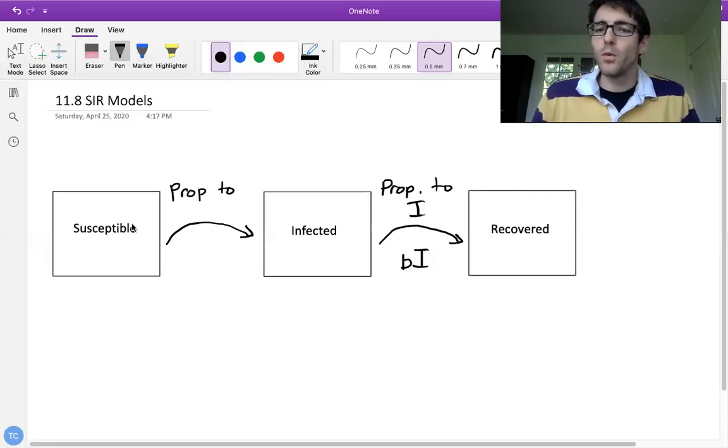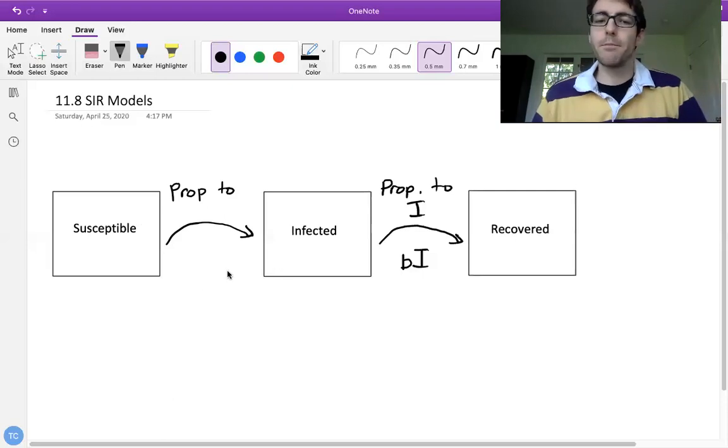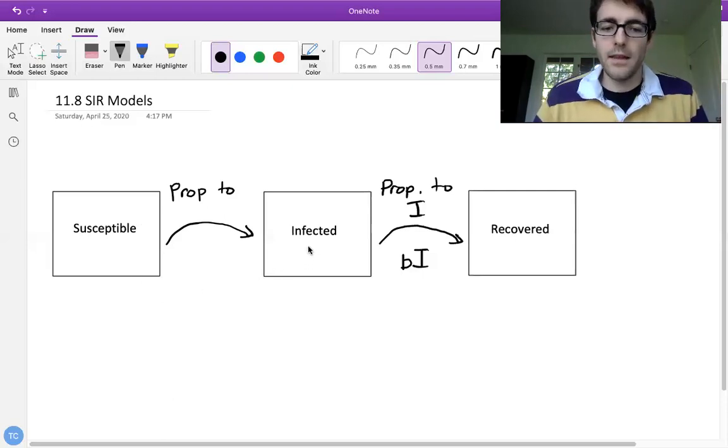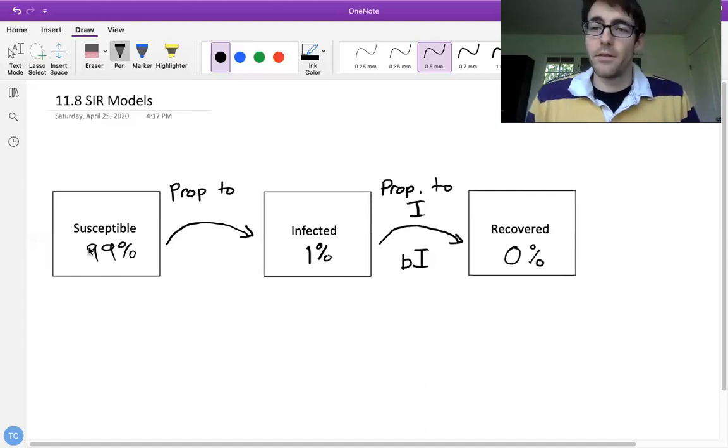But for this one, we have to take into account both the population who are infected and how many people are out there. So if, for example, we're starting off, let's say that 1% of people are infected, this is at some time t equals 0, no one has recovered from it yet because it's still early on, and 99% of the people haven't yet encountered this.